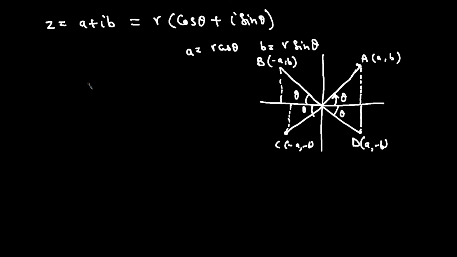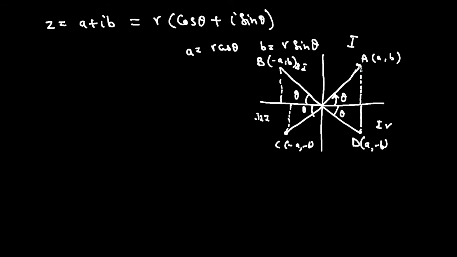Now we're going to write the principal value of the argument of a complex number. The argument value will be different in different quadrants, right? So this is quadrant 1, this is quadrant 2, this is quadrant 3, and this is quadrant 4.